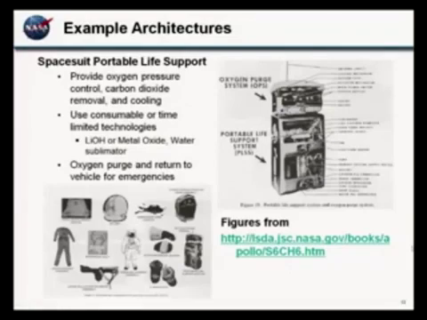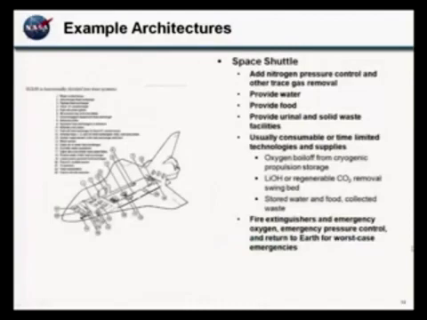Okay. So just example architectures you can look into. The spacesuit system is one that's highly dependent, right? They don't do a lot because they siphon everything off the vehicle. Their LiOH, their water sublimator is all based on lightest on the back mass, not life cycle mass. Space shuttle is another one that's kind of in between. We have a lot more functions because we have a longer duration.